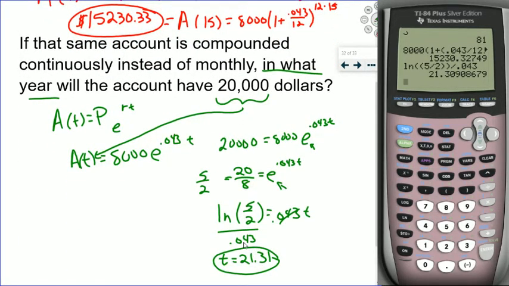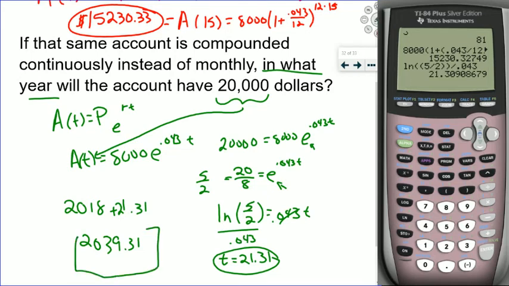So 2018 plus 21.31 is going to be 2039.31. So like March-ish, April-ish of 2039. So this is the answer that I'd be looking for.